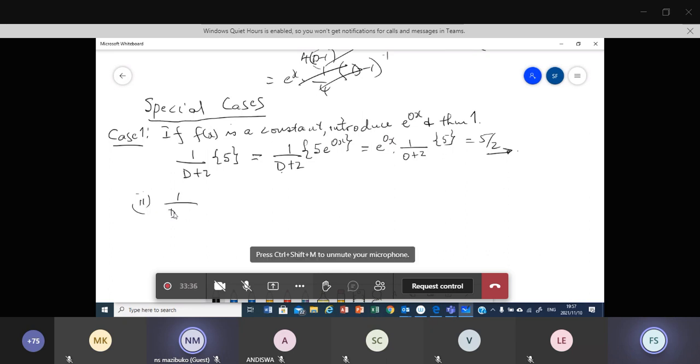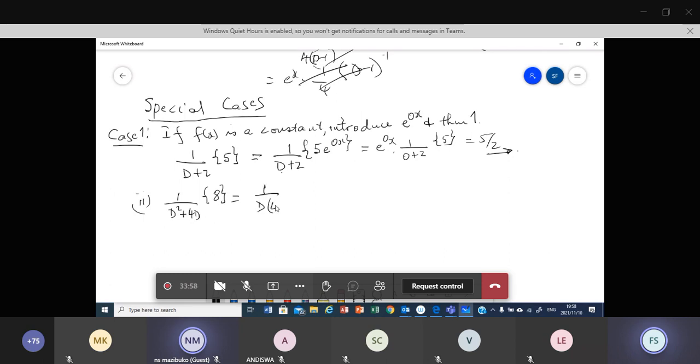1 over d squared plus 4d acting on what? On 8. Again, this is a constant. But before we do anything, there is 1 over d squared and 4d. D is common because 1 over d is known.